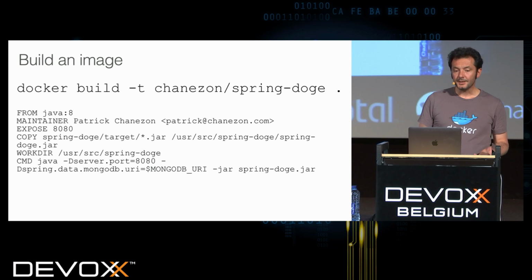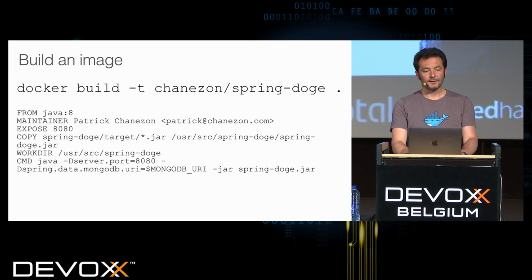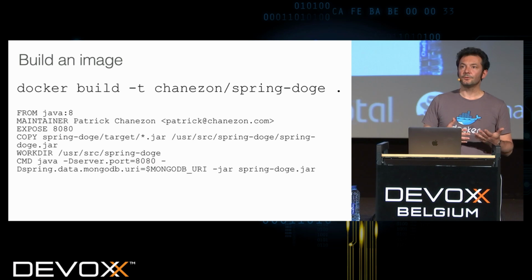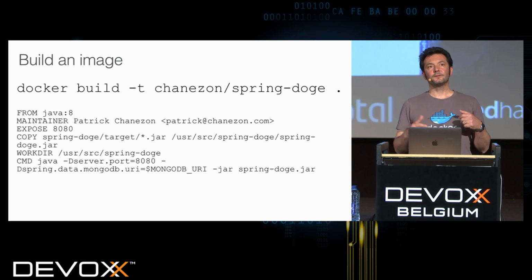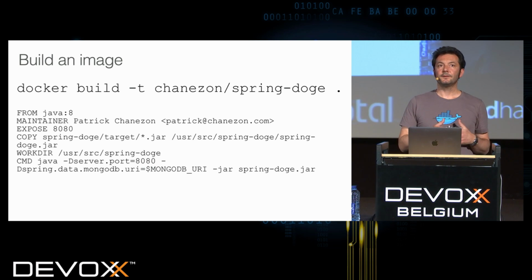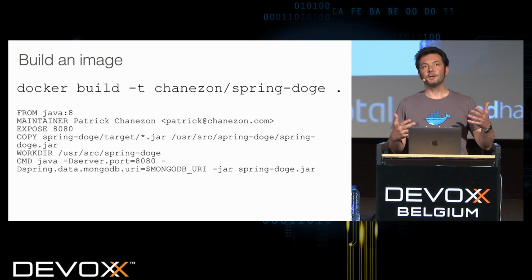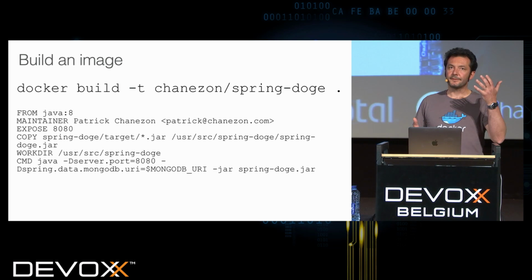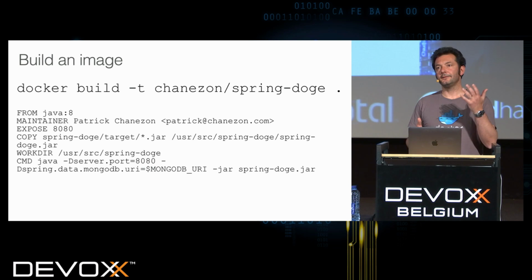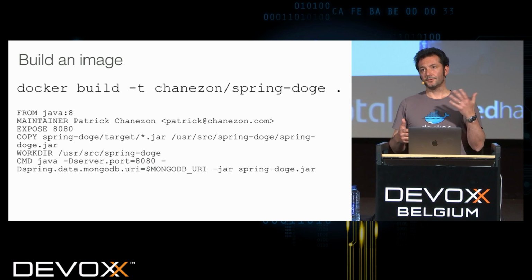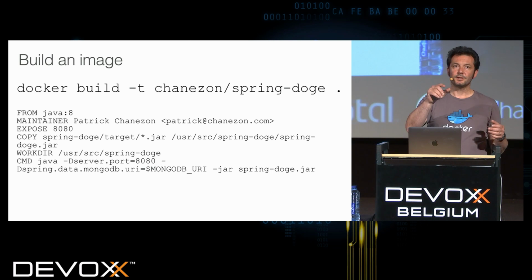So how to build an image. So here is an example of a Dockerfile for an application that I'm going to show you. So this application is a Spring Boot application that's using MongoDB as a backend. And what the application is doing is it has a web front end with a nice Ajax front end where you can drag and drop images.